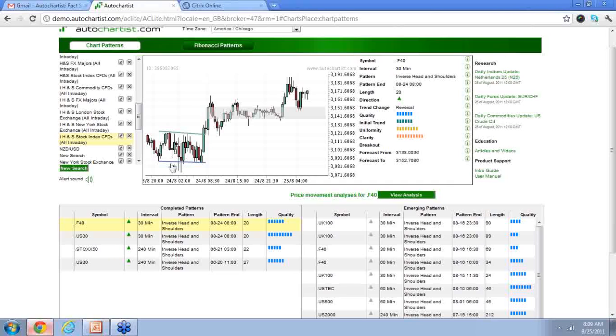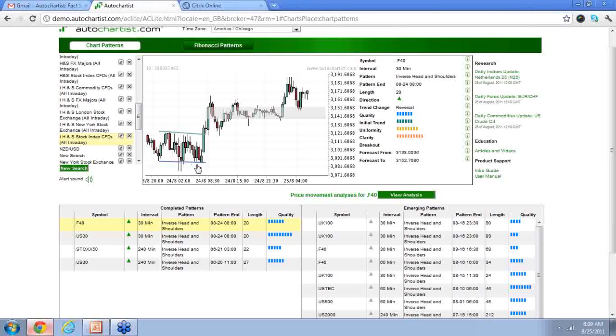The market then comes to an abrupt end here and forms the head of the pattern, and then rallies back up again to this previous high before breaking back down.